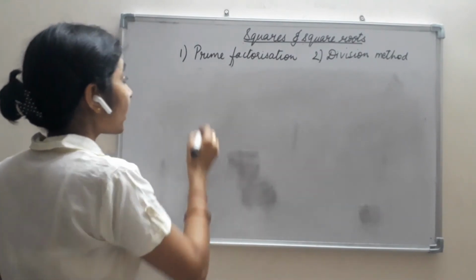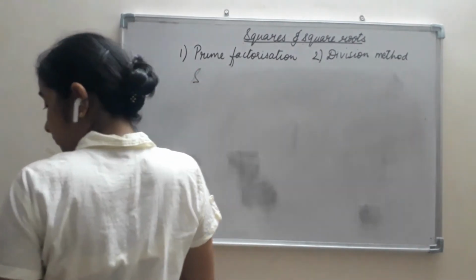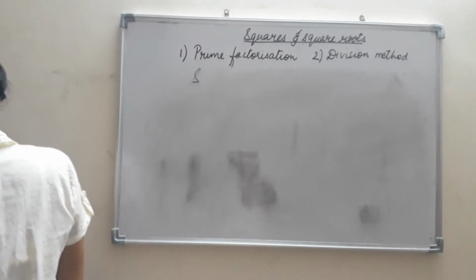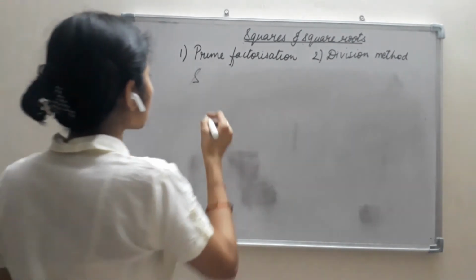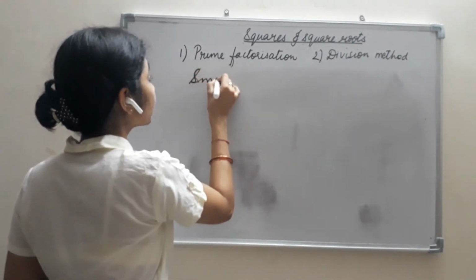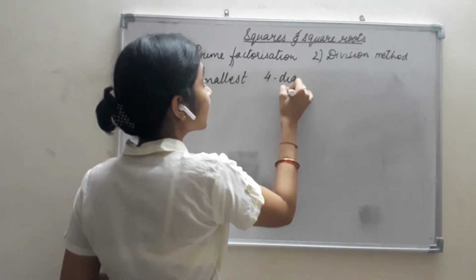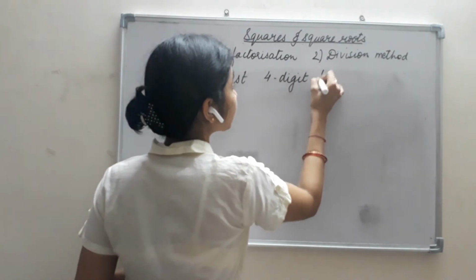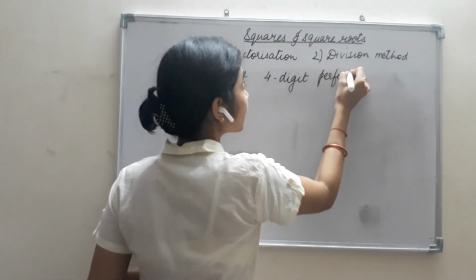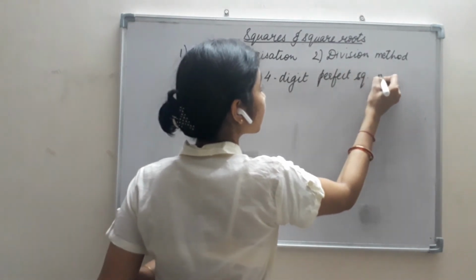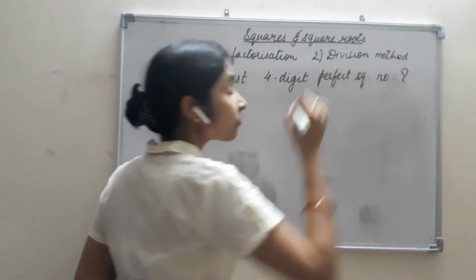So if I am asked the smallest 4-digit perfect square number, we are asked what is that.